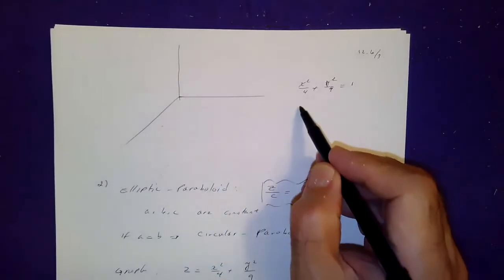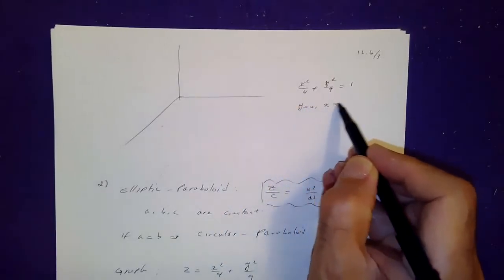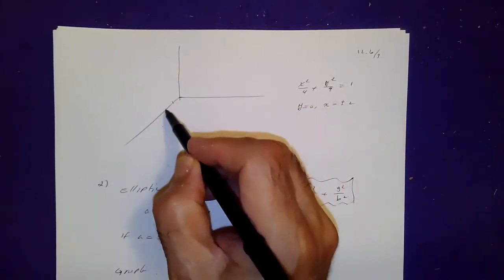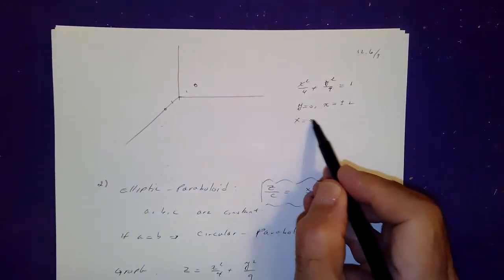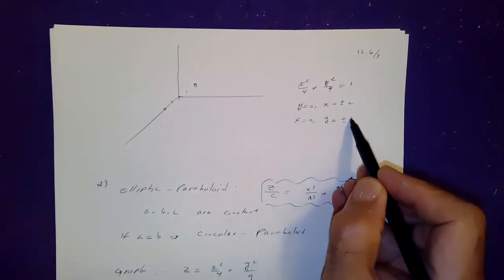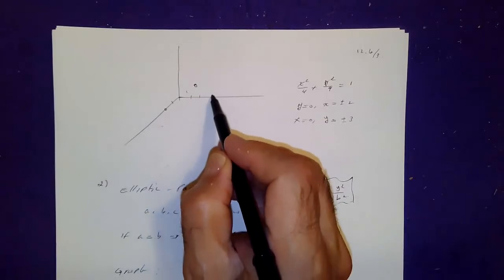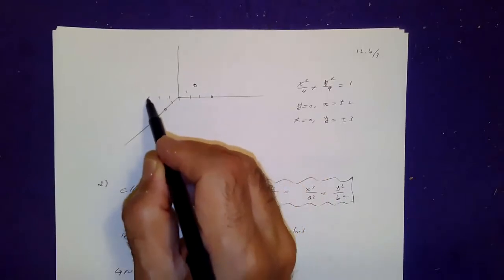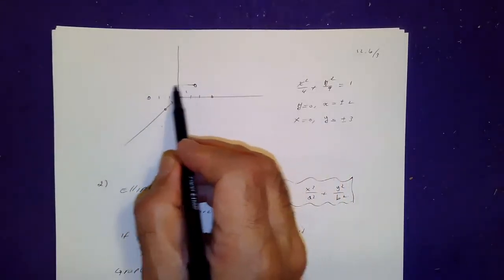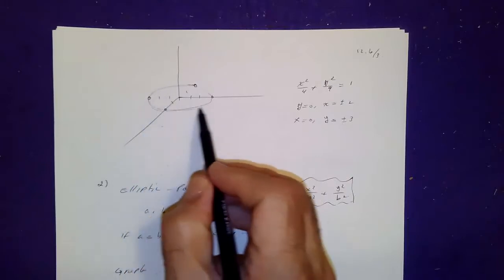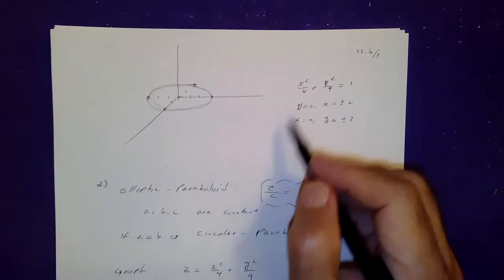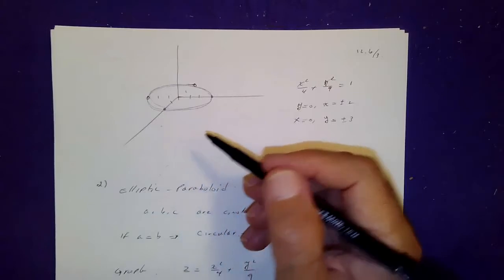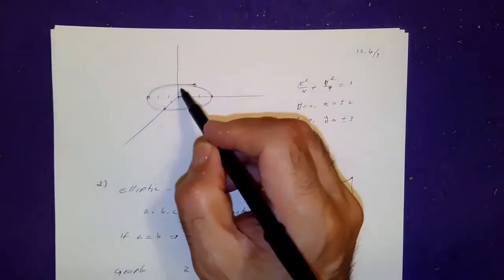So if you set y equal to 0, x would be plus or minus 2, like so. And when you set x equal to 0, y is equal to plus or minus 3, like so. You see it. So what I'm getting is an ellipse, correct? And you can continue graphing the other ellipses.